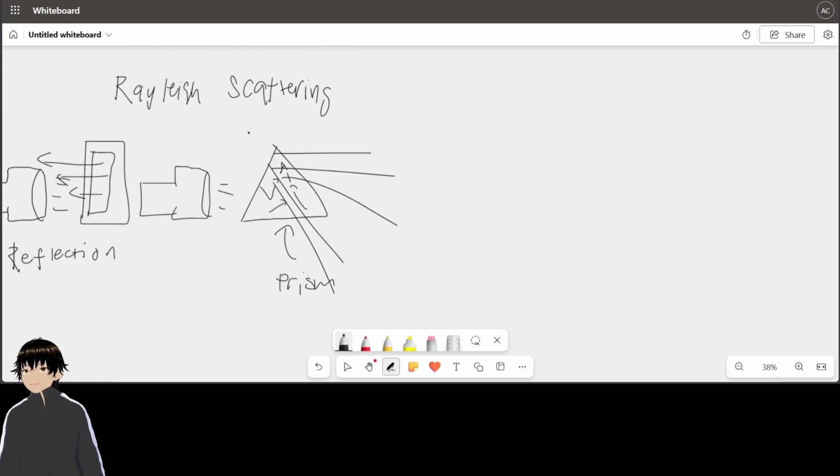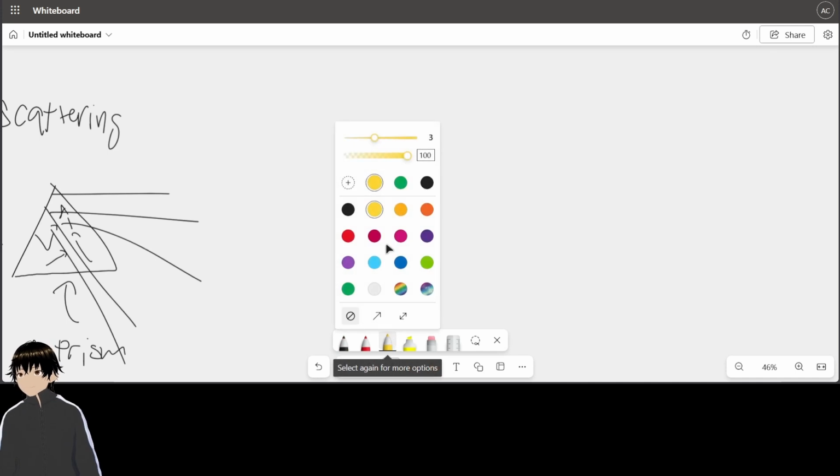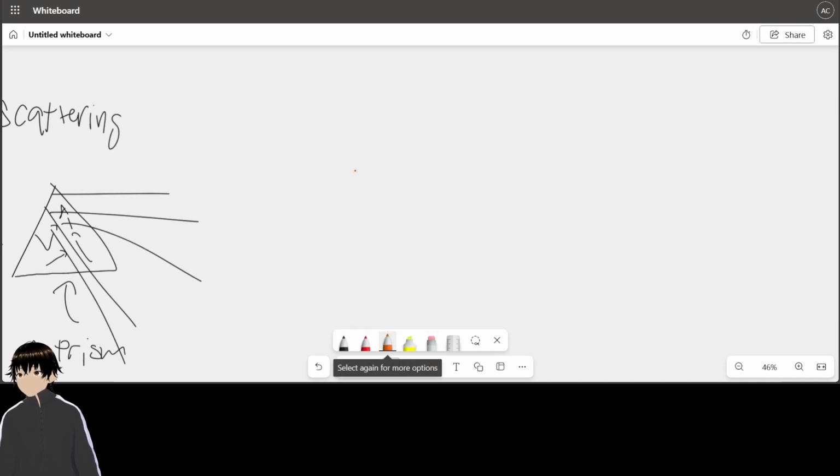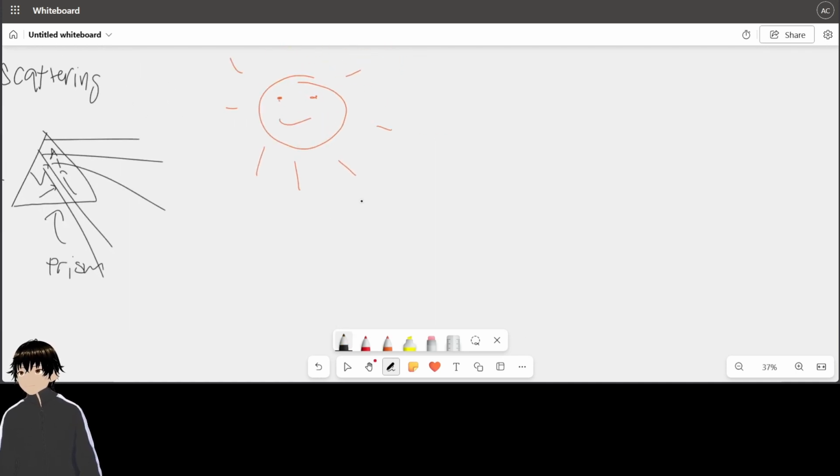The same mechanism can be applied to explain why the sky is blue. Let's say you have the sun here, and it's shining really brightly, and you're over here underneath the sun.